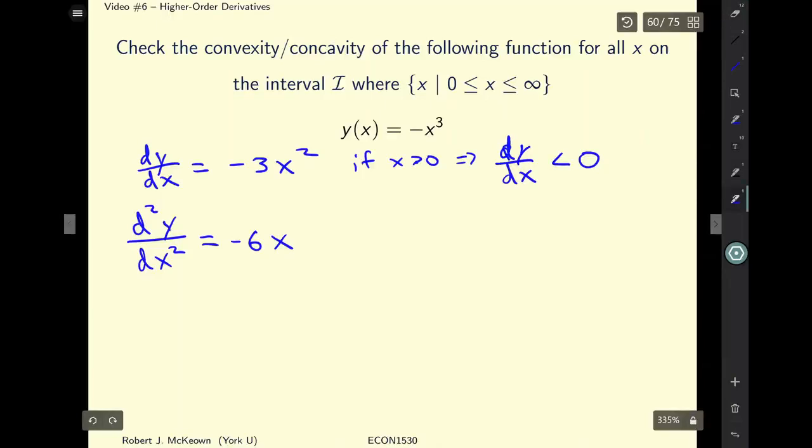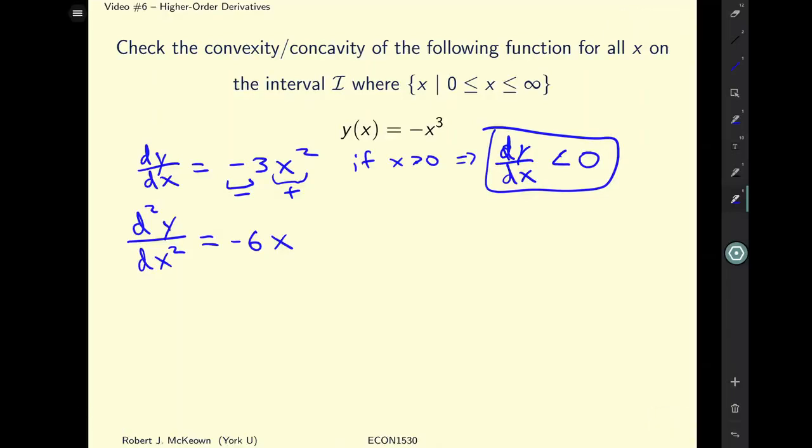If x is a positive number, in fact, because it's squared, even if it wasn't, this term here is always going to be positive. This is our negative, and so dy over dx is also going to be negative, no matter what.